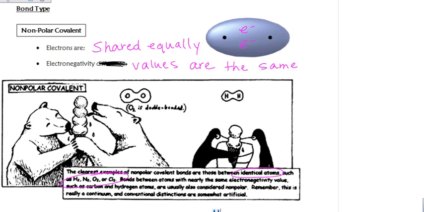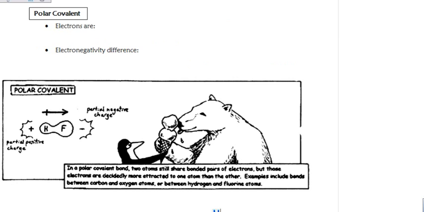Not the case with polar covalent bonds. Now again, it's covalent, so electrons are shared, but they are not shared equally. Not shared equally between the two atoms in the bond.